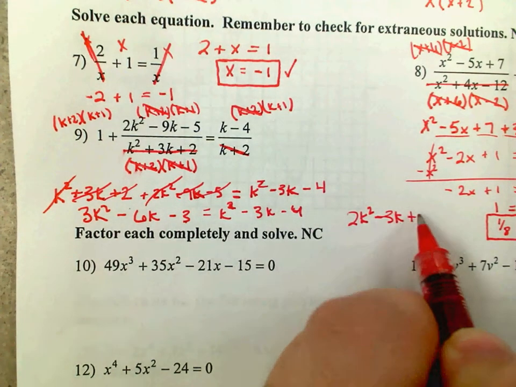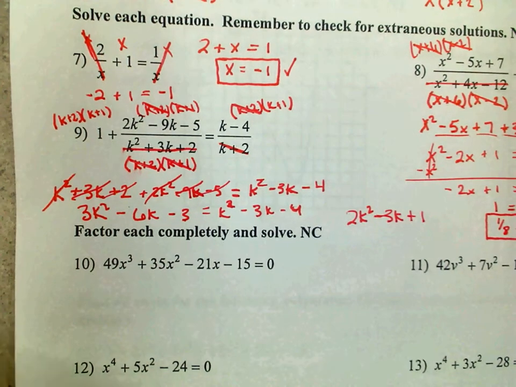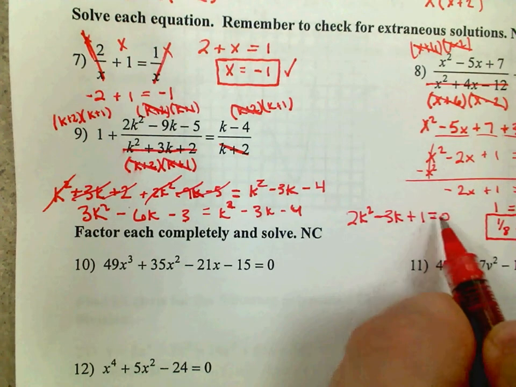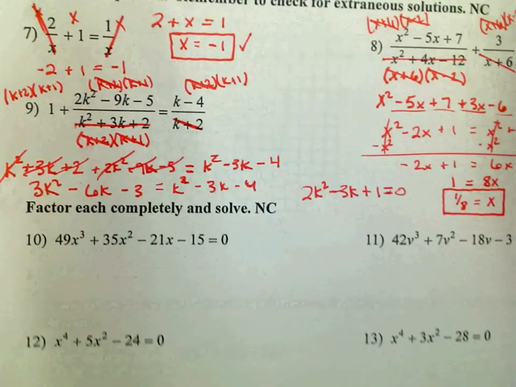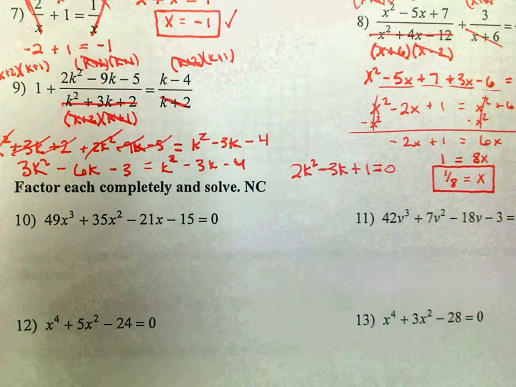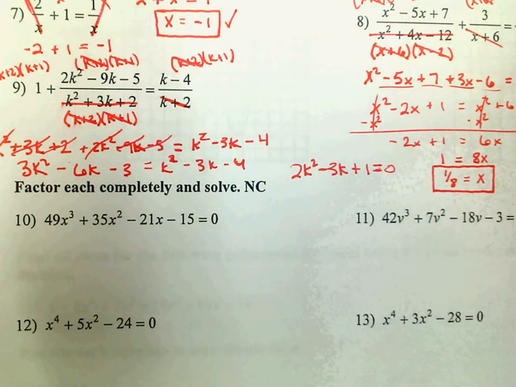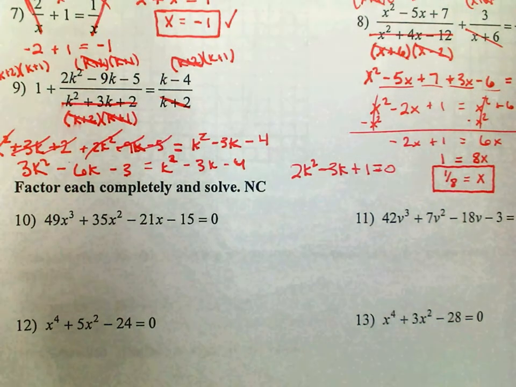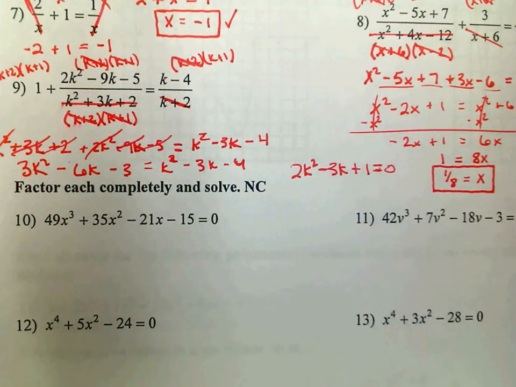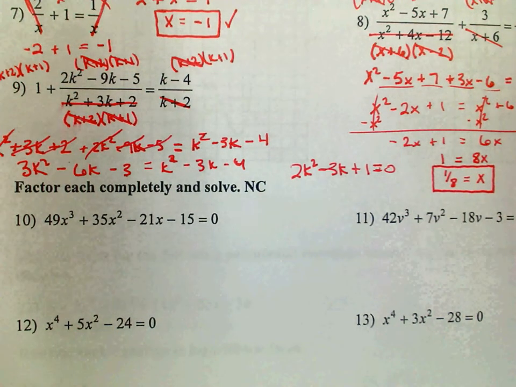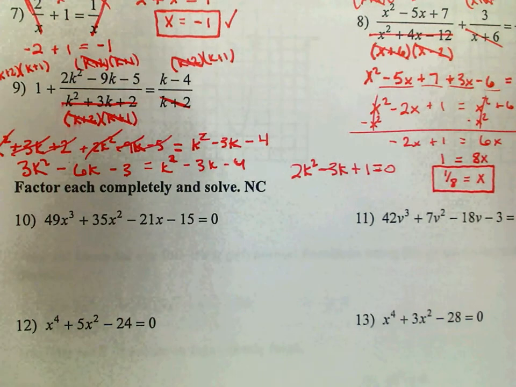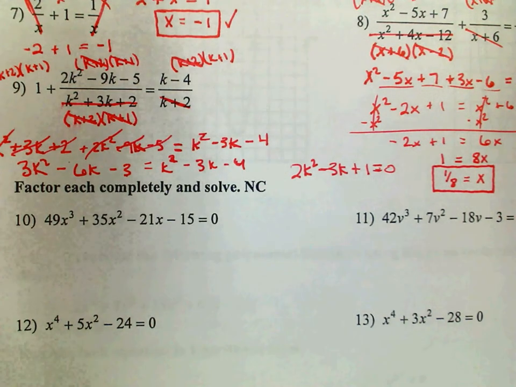Okay, so I have officially moved everything to the left side, so it equals 0. Now, if I want to find the zeros, I can do that by factoring or by the quadratic formula. You could do completing the square. If you had access to a calculator, you could graph it and look for the zeros that way. But we're going to try factoring because it's usually the quickest and the easiest.